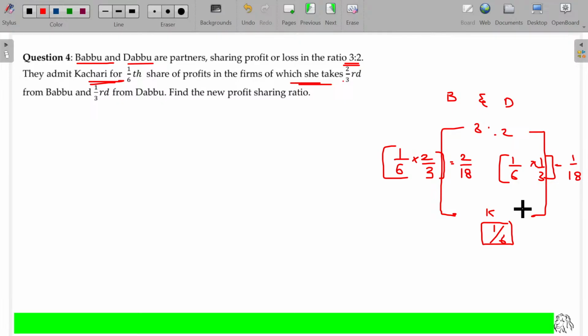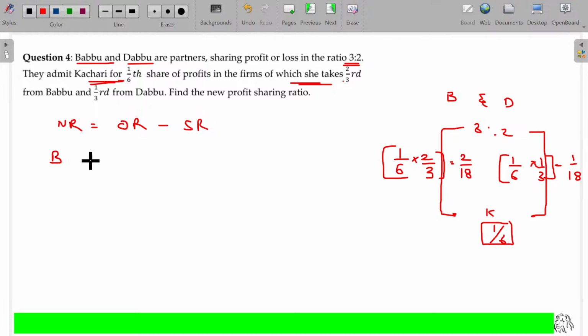K says I need to get 1/6 of the firm's profit. And who has to give? Out of my share, 2/18 B has to pay and D has to pay 1/18. Now what about B's new ratio? New ratio is equal to old ratio minus sacrificing ratio.